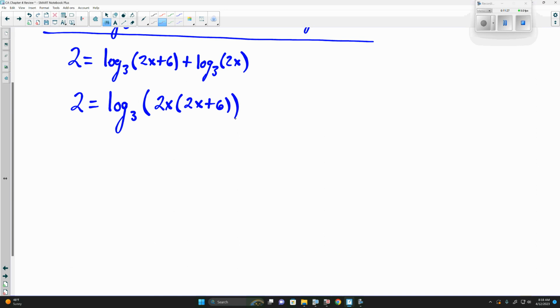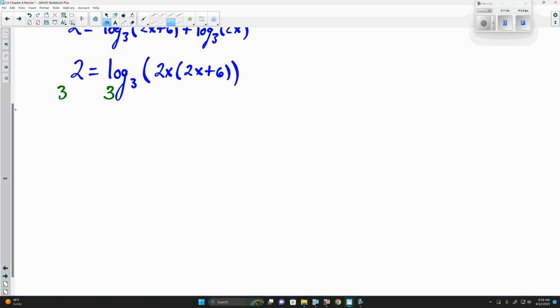Since they're both base 3, and they're being added, we can rewrite it as 2x times 2x plus 6 inside the logarithm. Now to simplify the log, we will put both sides to the base 3, because 3 to the log base 3 simplifies, leaving us with just 2x times 2x plus 6. On the other side, we have 3 squared, which is 9.